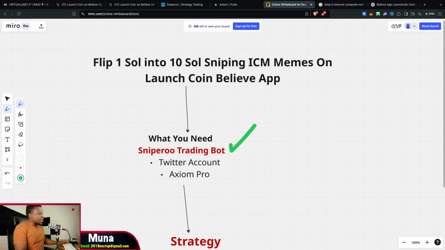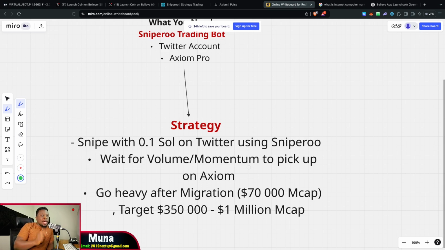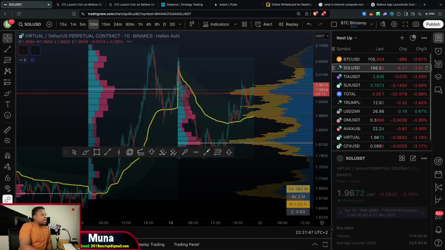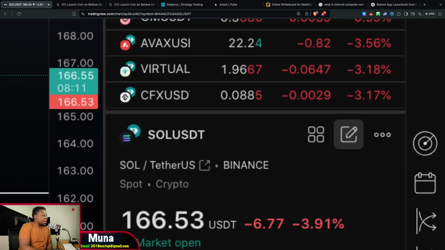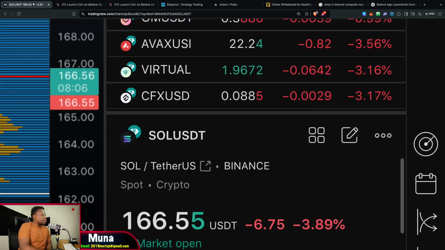So we are going to be sniping coins via Twitter. The other thing that you obviously need is a Twitter account, and you also need an Axiom Pro account as well. And the overall strategy is, if you have 1 Solana, which is roughly around 167 US dollars based on today's current prices. So the current price of Solana is 166. So basically 1 Solana is equivalent to 166.